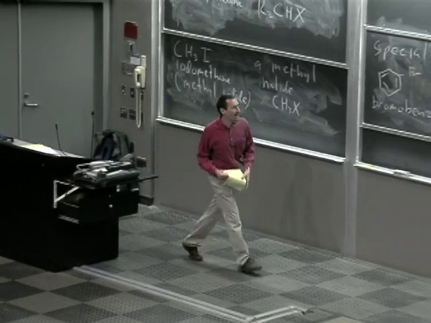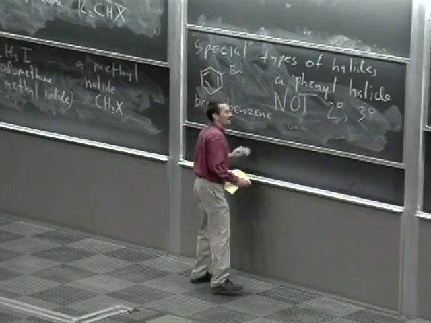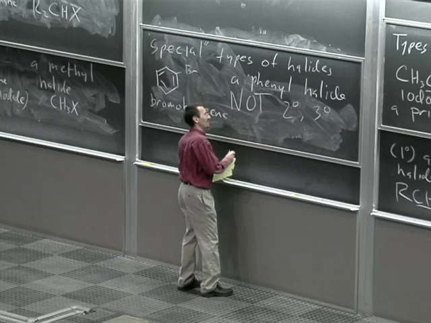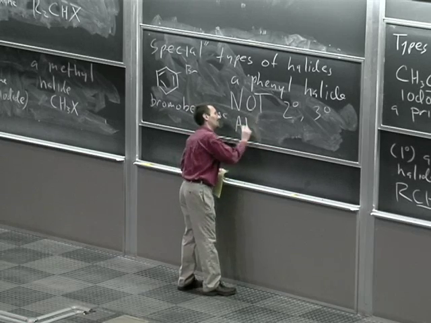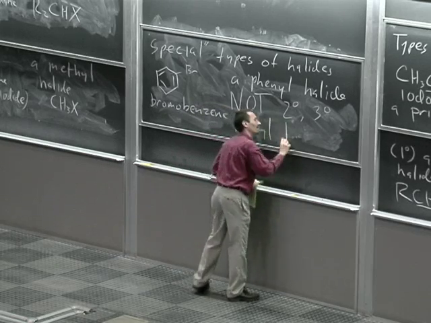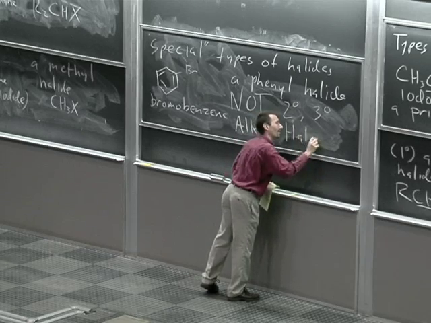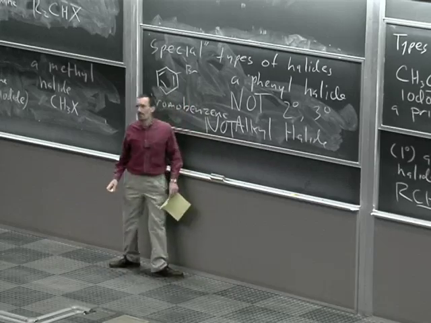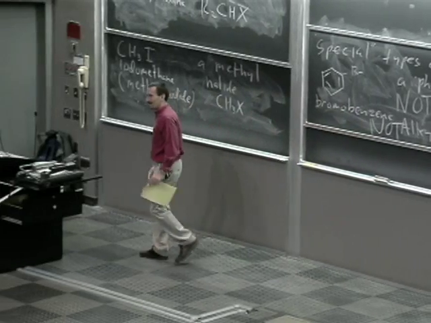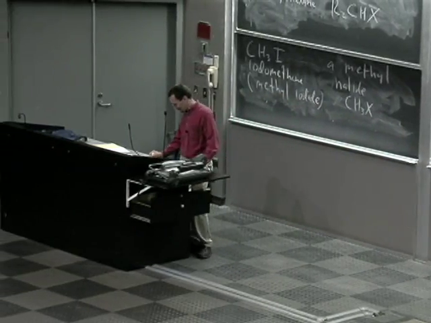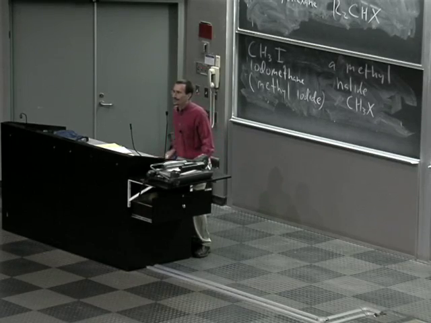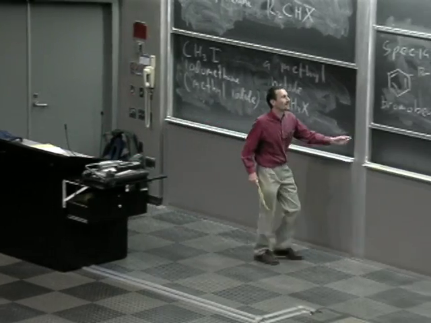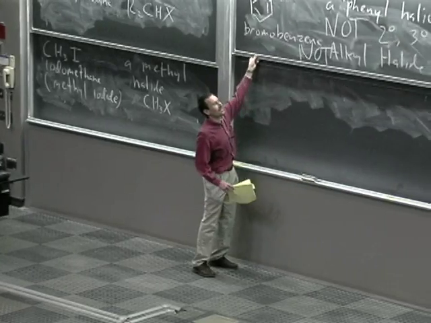It's not an alkyl halide. It's not secondary. It's not tertiary. And again, I'm just going to write a big fat not over here. Doesn't react like an alkyl halide.